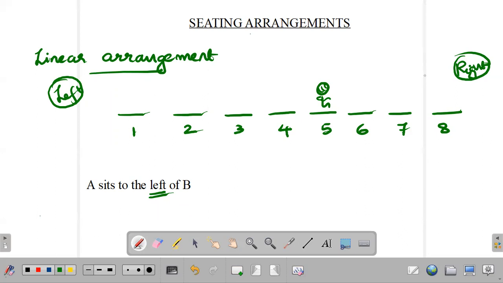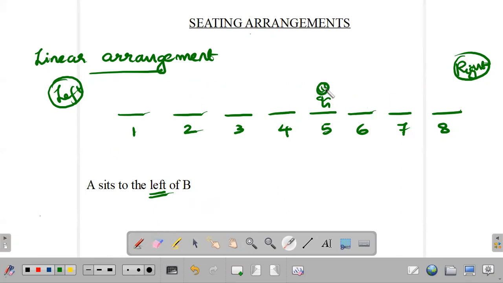I will be explaining the concepts further. I repeat, you assume that everybody is sitting in the way you are facing towards the computer screen. So the left means it will be coming in this direction. Right means it will be coming in this direction. Did you get me? So you can consider this is going to be the left from now on. This is going to be the right from now on. Based on that, you need to answer the questions.